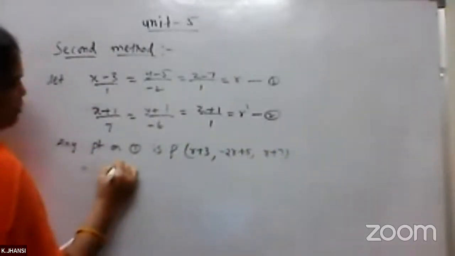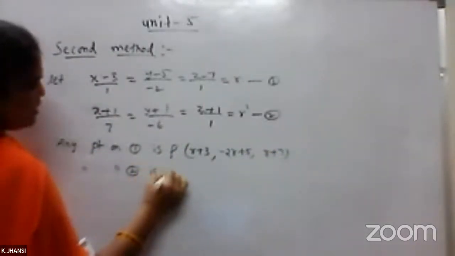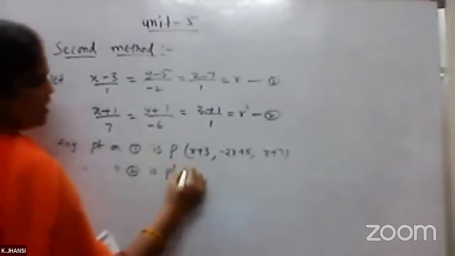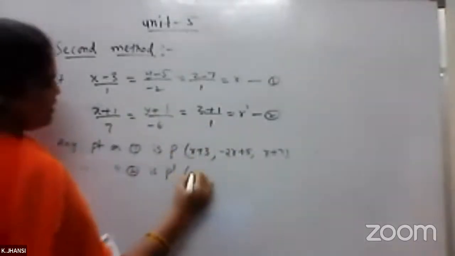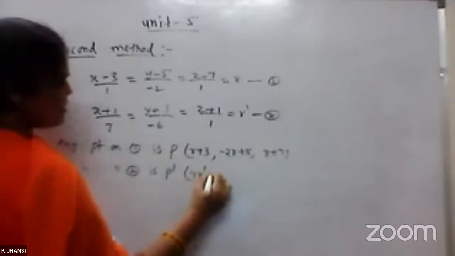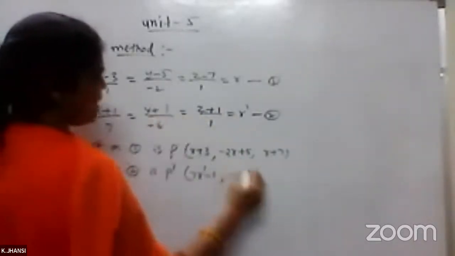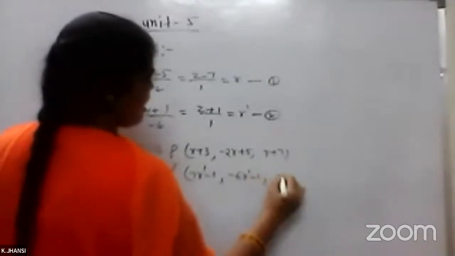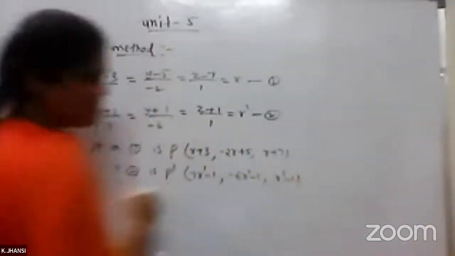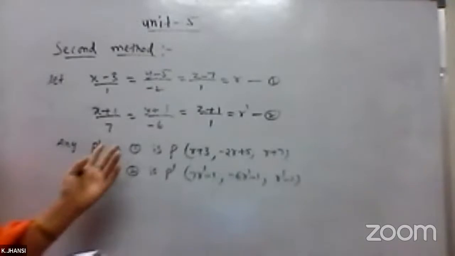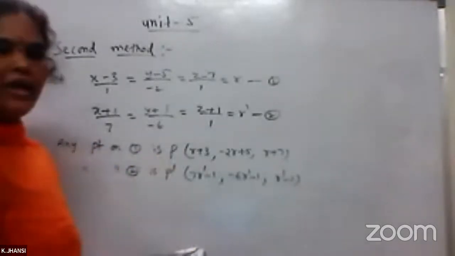Any point on line 2, we can take it as p dash, and it is 7r dash minus 1, minus 6r dash minus 1, next r dash minus 1. Okay, so we are getting the 2 points on line 1 and line 2.